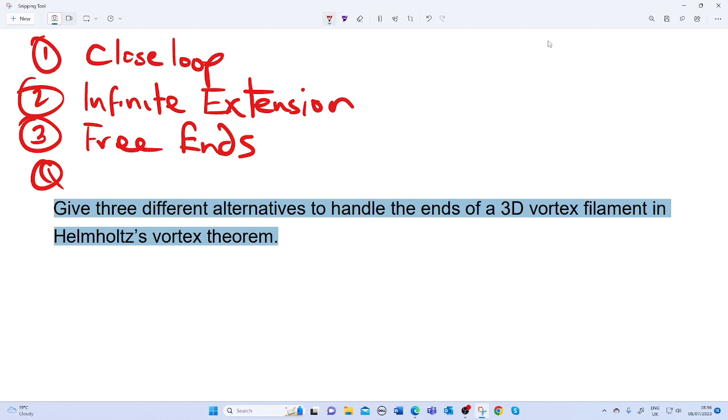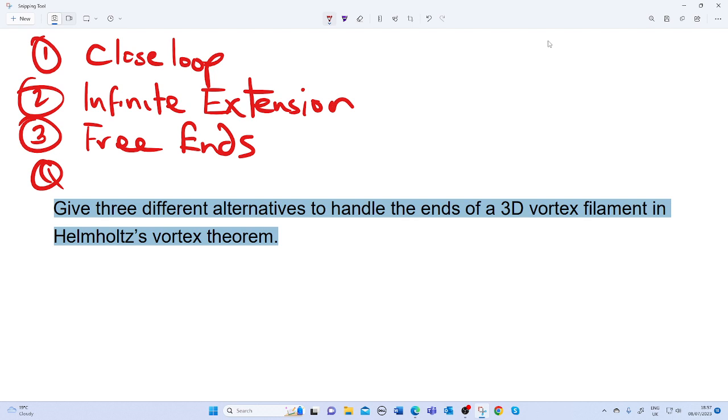This can be done by accounting for the induced velocity and the vorticity shed at the end of the filament. This approach requires additional consideration and modeling to capture the dynamics of the free ends accurately.